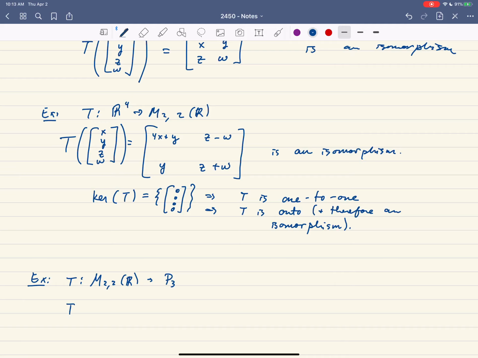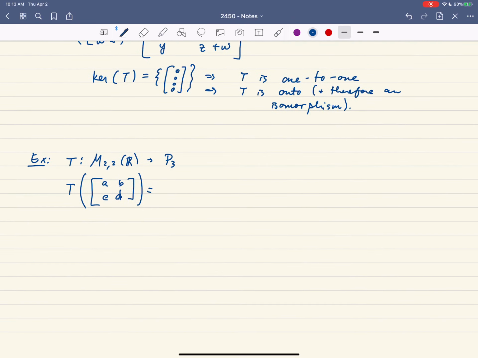So as our input, I can take the matrix A, B, C, D. And then as our output, there are lots of different options to make this an isomorphism. Probably the easiest one would be something like ax cubed plus bx squared plus cx plus d. That would be how you go from a matrix to a polynomial.